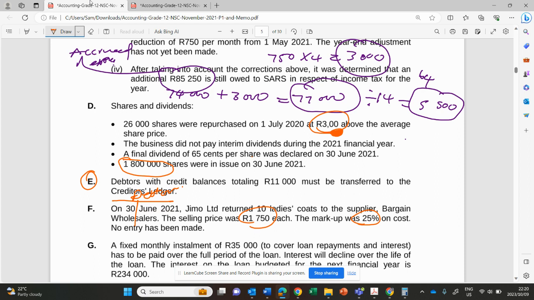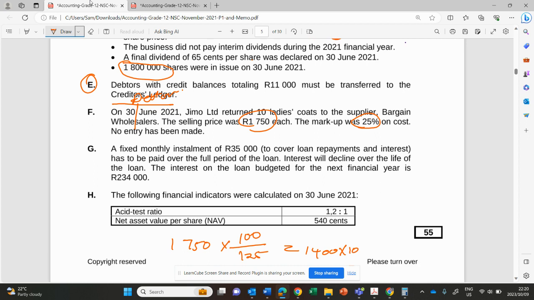It's fine. But we are having the shares at the end there, and we are given the NAV. A simple thing, we're going to use the NAV formula to get the shareholders' equity.